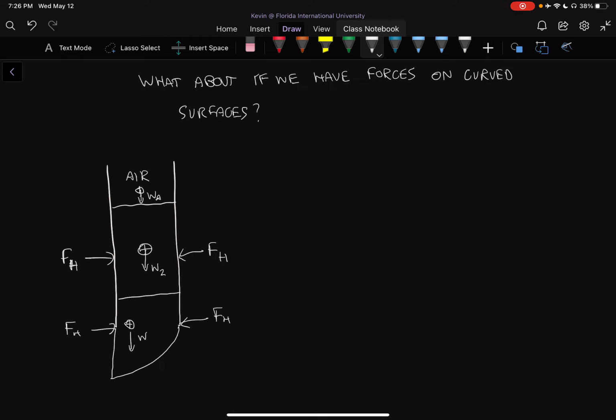And then we finally have a vertical force here. The vertical force is going to be a little bit offset. It's not going to be directly centered. So we can figure out, from the same kind of technique, where the forces would be located within the system. If we do the sum of the forces vertical, this is W1, and then W2 and W air.